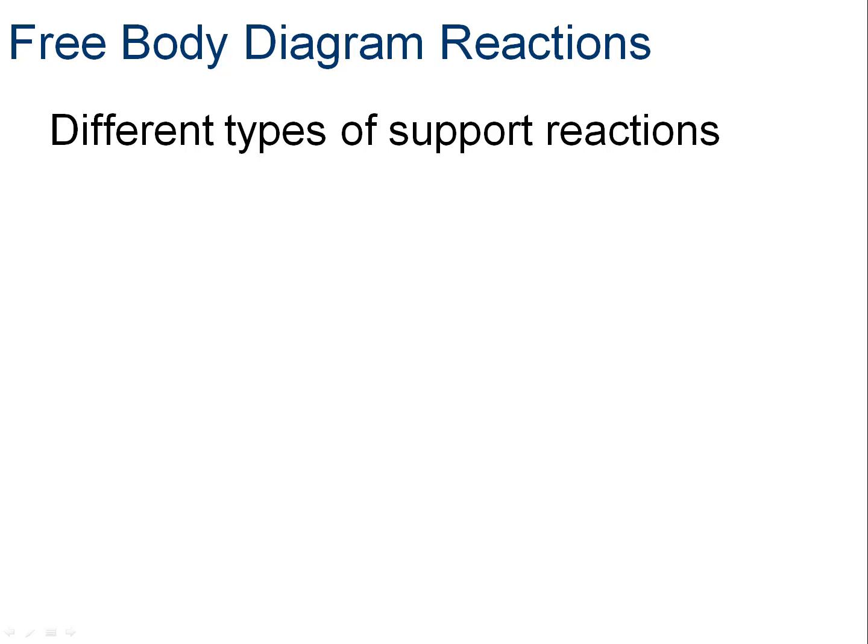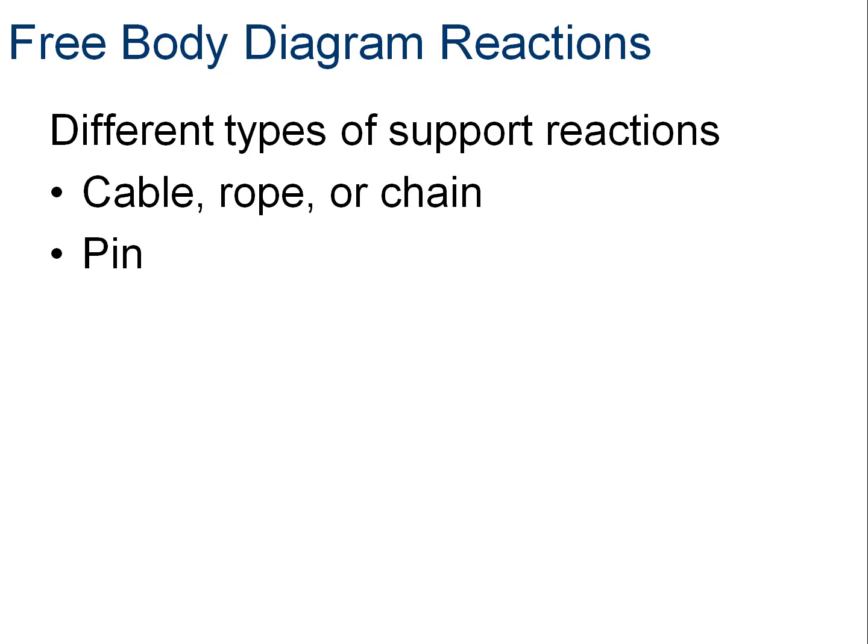So we have some reactions, and those are external force reactions to an element in its environment. And let's talk about some of the different types of support reactions. We'll go through these one at a time. When we talk about a cable, rope, or chain, that has a unique attribute. Cables, ropes, and chains can really only pull. We talk about a pin, and a pin, simply stated, is, an example would be a bolt through a hole. Now the other free body diagram force we're going to see is a roller reaction.